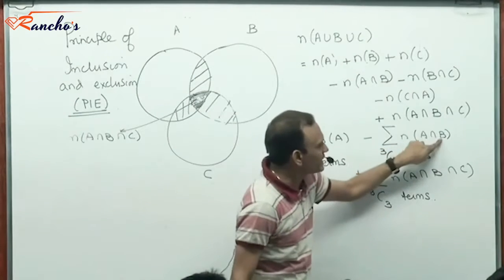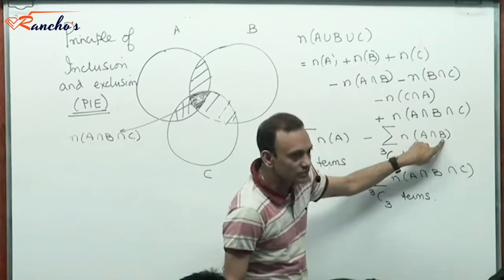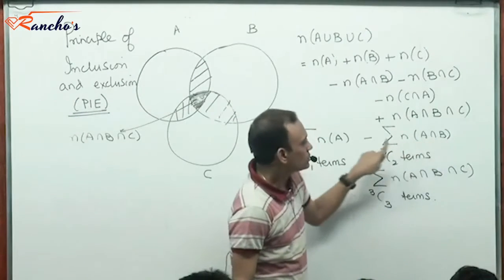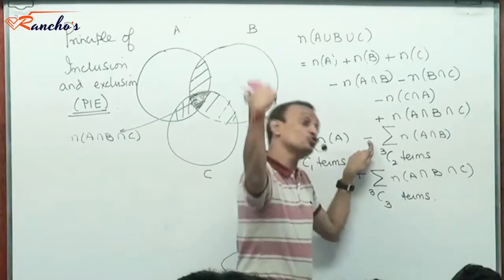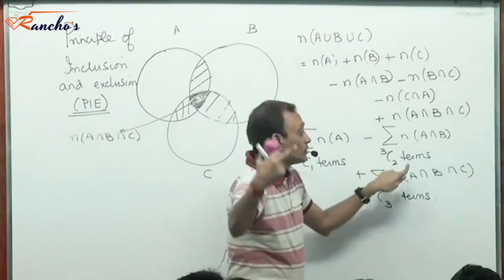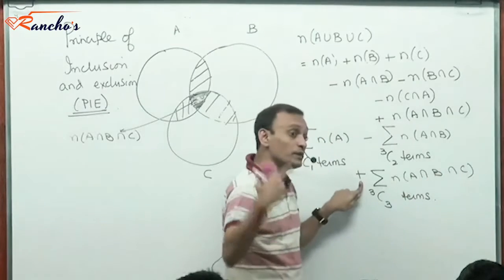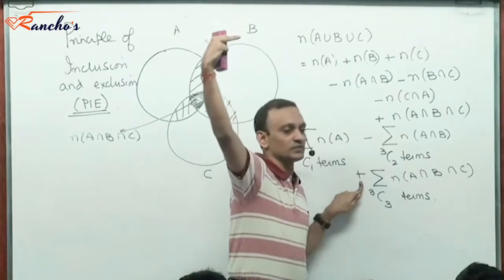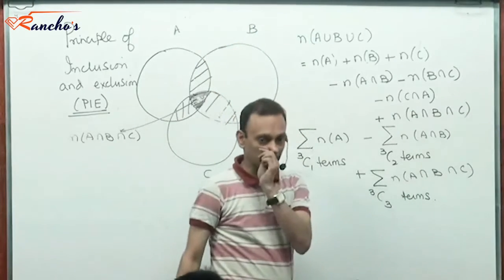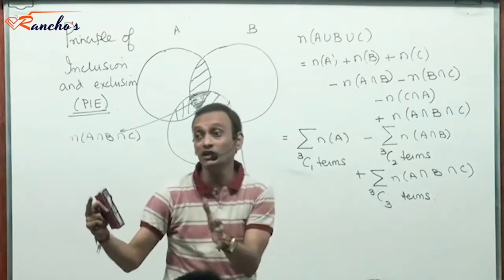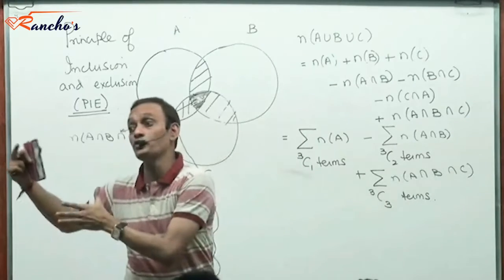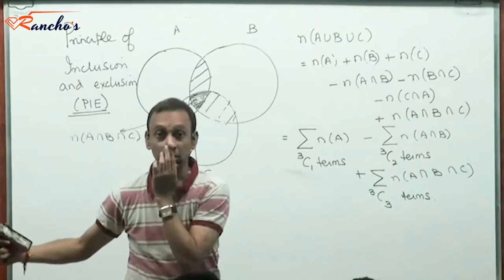There are 2 sets involved in this summation, the sign here would be minus 1 to power 2 minus 1. There are 3 sets involved at a time here. The sign here would be minus 1 to power 3 minus 1, and so on and so forth. If there were 4 sets involved at a time in the terms, then it's going to be minus 1 to power 4 minus 1, etc. Got me?